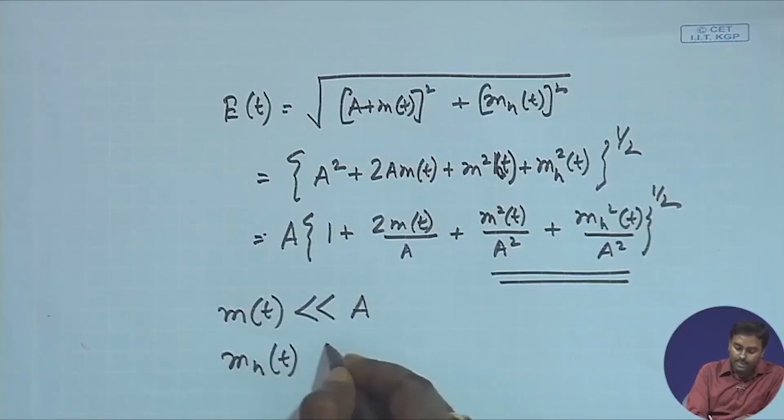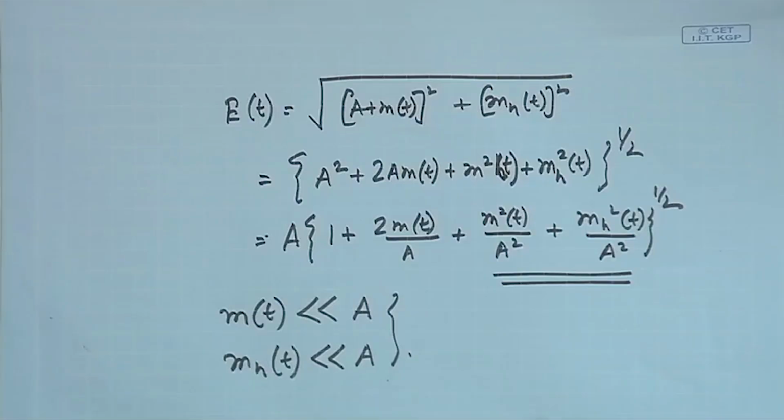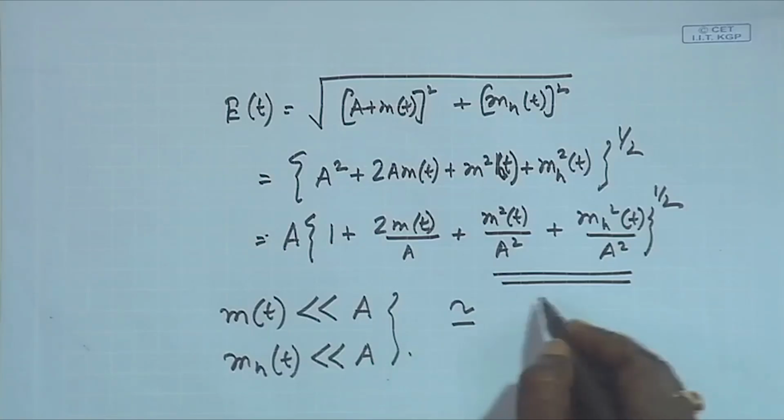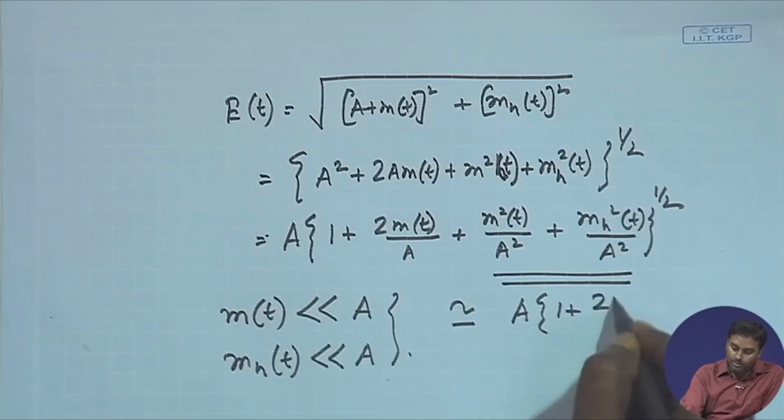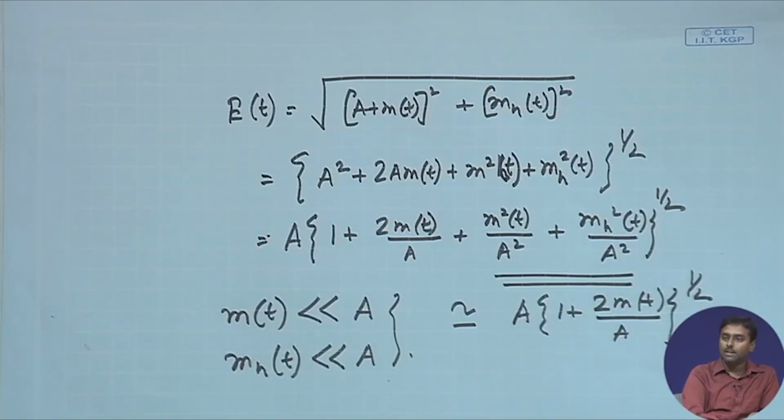So if m(t) is much less than A, I can also write that m_h(t) is also much less than A, because in the transfer function of the Hilbert transform, the amplitude gets translated with unity gain for every frequency component. So I can write this safely. If this is the case, this quadratic term I can neglect, m(t) divided by A, and that is why I have taken out A. So approximately I can write this as A times (1 plus 2 m(t) by A) to the power half. The linear term remains and all the other quadratic terms are ignored.